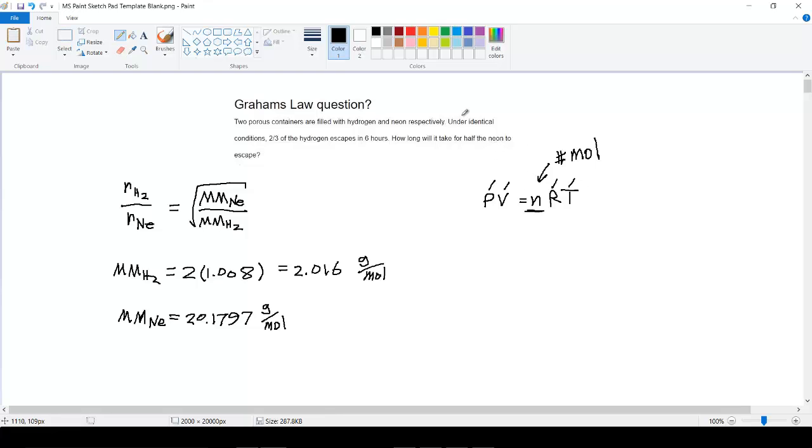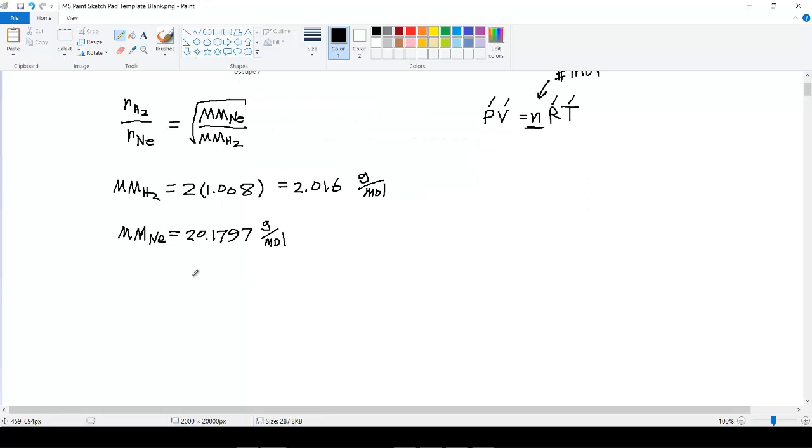And that's because your conditions are identical. The container's the same size, the pressures are the same, and the temperatures are the same. So you have the same number of moles of hydrogen as you do neon. Now we don't know how many moles that is, but as I'll show you, we don't actually need to know.